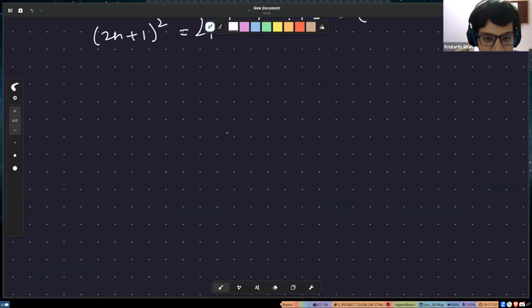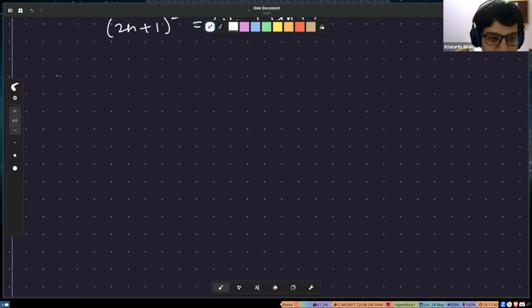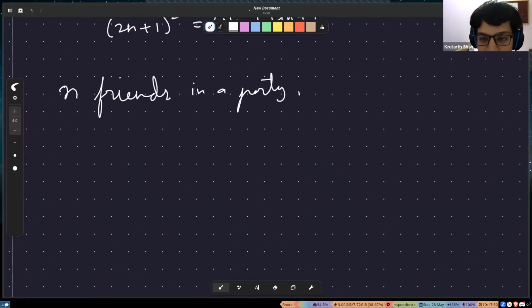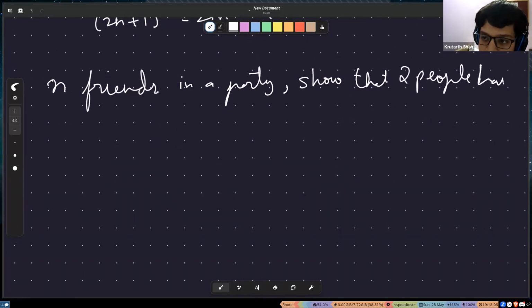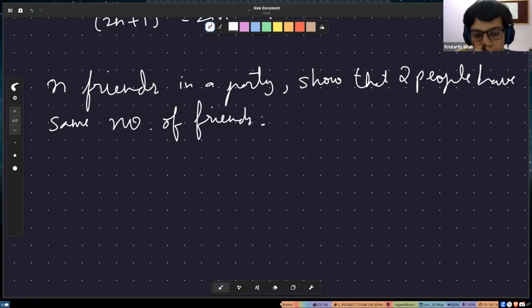Okay, so a slightly harder problem, I guess. Given n friends in a party, it's a very popular question. Show that two people have the same number of friends. Friendship is mutual.